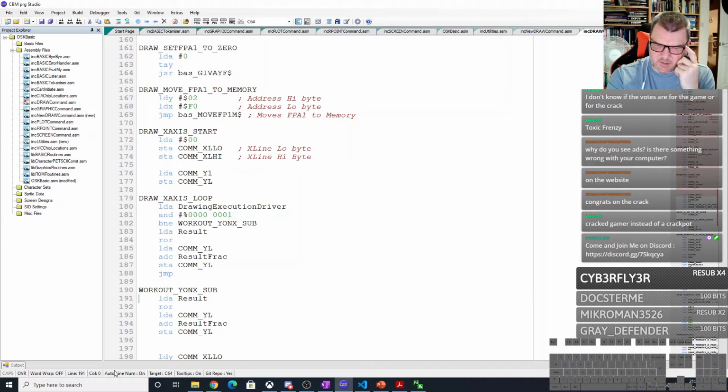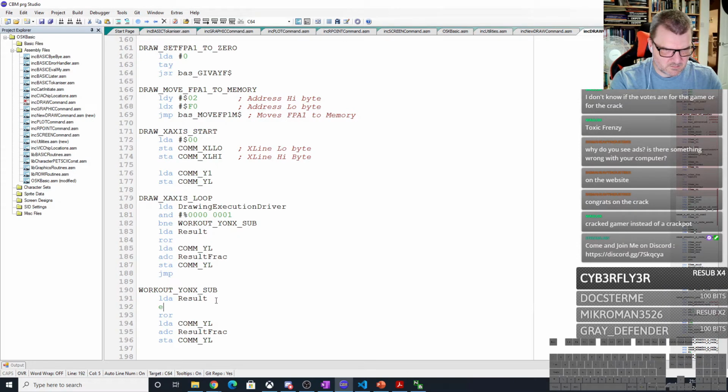So if there's 1, we set the carry. If the carry's clear, it subtracts 1. Right. So what we need to do here is make sure if the result's 1, it'll come out 0. If the result's 0, it'll come out 1. So that's effectively setting the carry, and then we subtract.